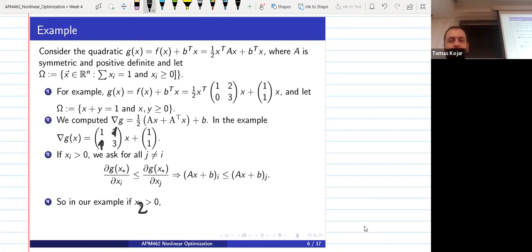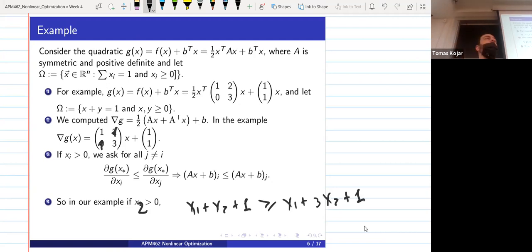You get x1 plus x2 plus 1 needs to be bigger or equal than x1 plus 3x2 plus 1, is that okay? Because now you flip the derivatives. This is the partial 1 of g, and you're asking it to be bigger than partial 2 of g.